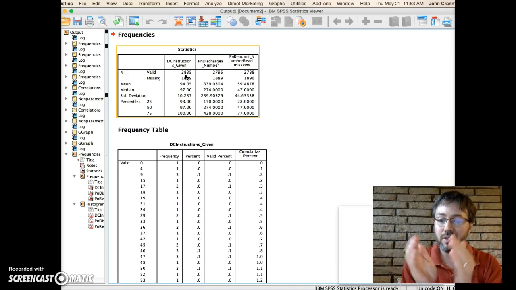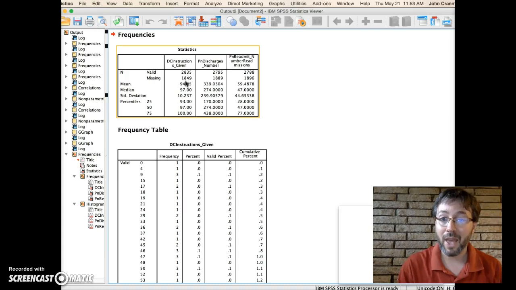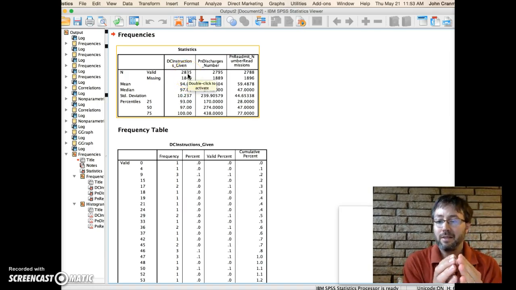So when we think about, is our sample that we're running this analysis on generalizable to the entire population? And when we have a third of all of our data points missing for this variable, it certainly does raise questions about how robust are these data to speak to the experience of all U.S. hospitals. So that's one thing to think about, but that's only within this data set.